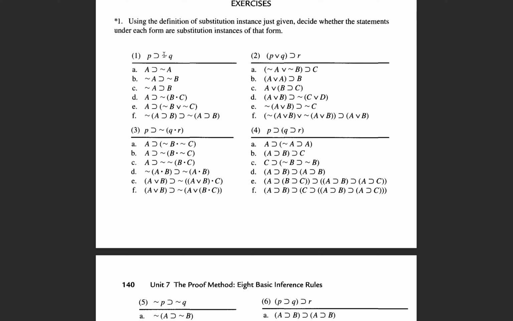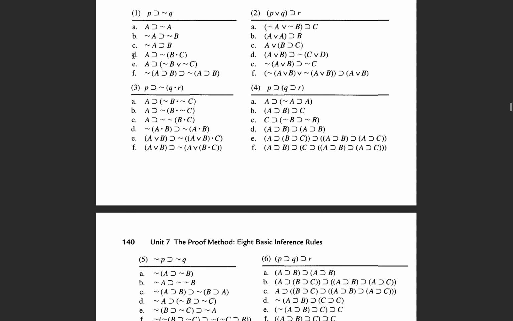Okay, how about C? 1C, I already said this, no, because the consequent is not a negation. How about D? Yes, D is of this form. Why? Because here my Q, what's my Q? It's B and C. It's the conjunction of B and C. That's legal. But what is D? D is a conditional where the consequent is a negation, right?